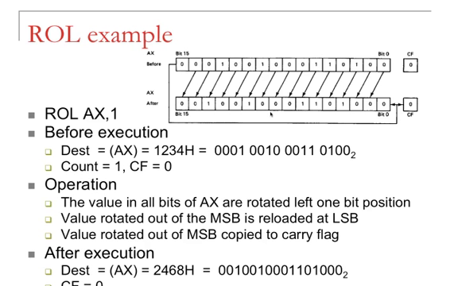The count is 1, and also let's assume the carry flag is 0. In this diagram, on the top are the bit values in AX before the rotation instruction. So we have this hexadecimal number 1234 represented in binary here, and the carry flag is a 0.